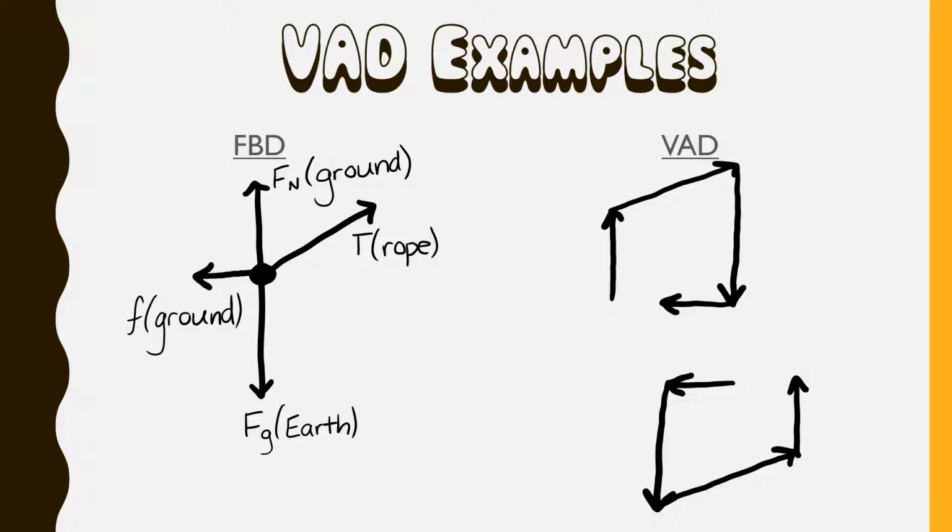So I have two vector addition diagrams here that look different, but they're depicting the exact same free body diagram, where this is the gravitational force. The short vector to the left is the frictional force. This is the normal force from my ground acting upward, and this is the force of tension.